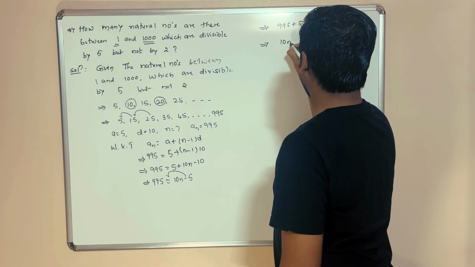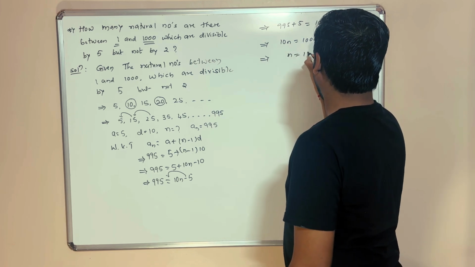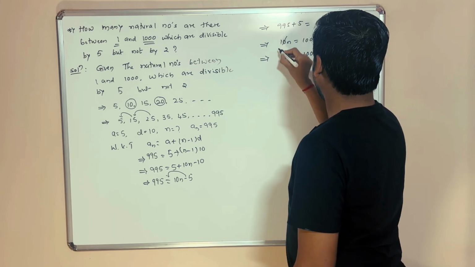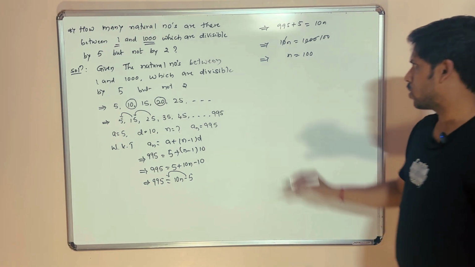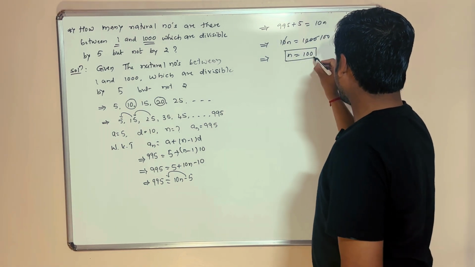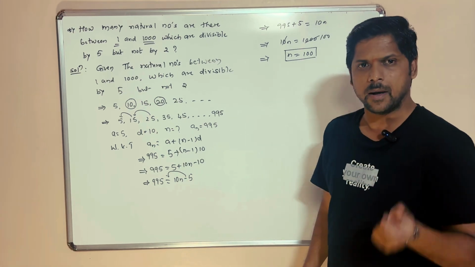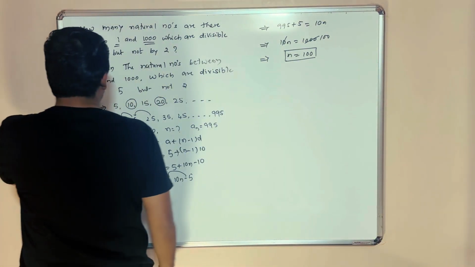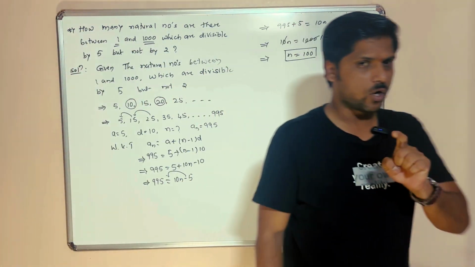So 10n is equal to 1000. Then n is equal to 100 because 10 hundreds are 1000. So n is equal to 100, that is the total number of numbers.